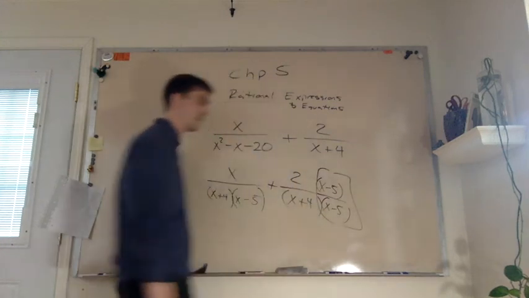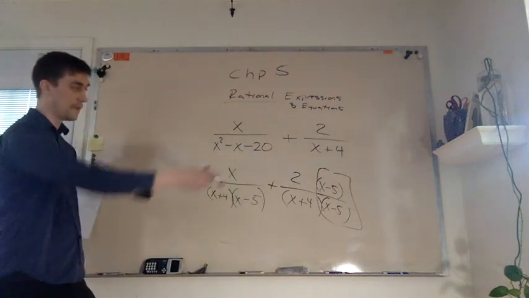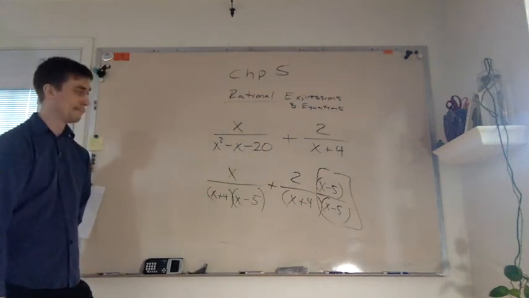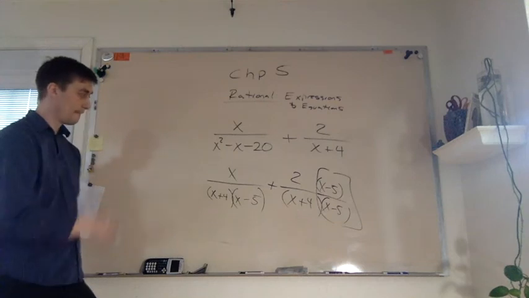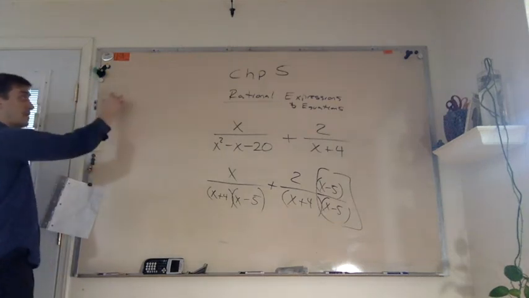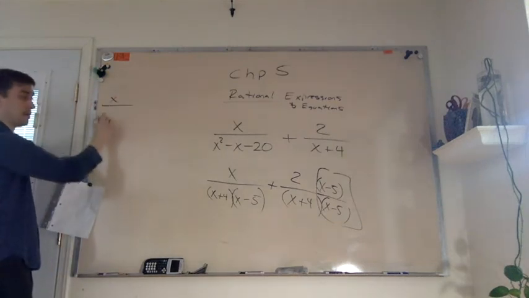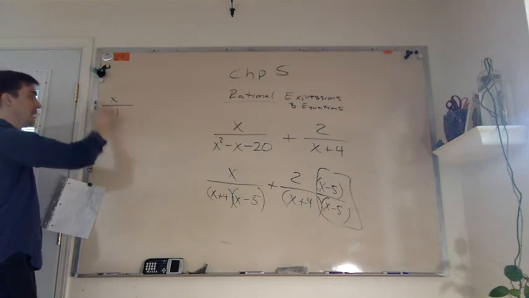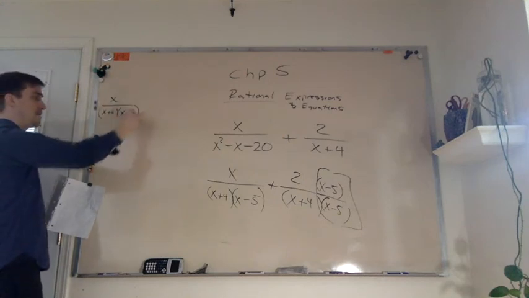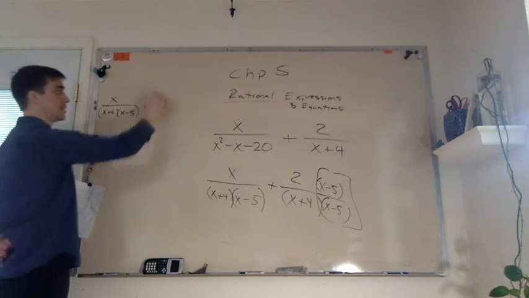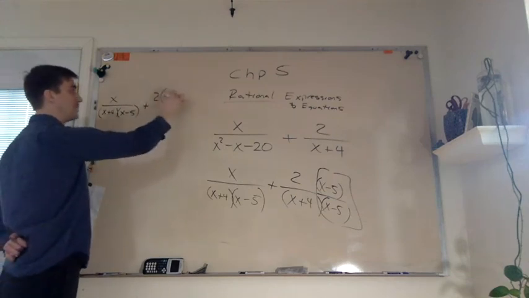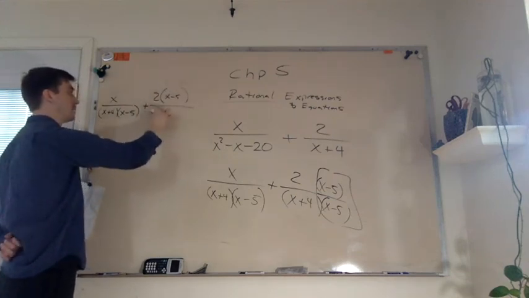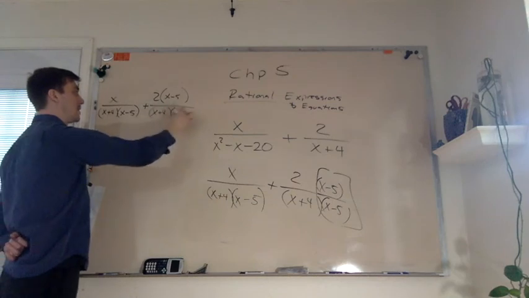So I'm multiplying by x minus 5 on top and bottom of that one only. So that gives me x divided by x plus 4 times x minus 5, plus 2 times x minus 5 divided by x plus 4 times x minus 5.